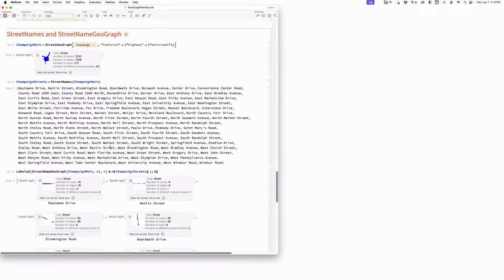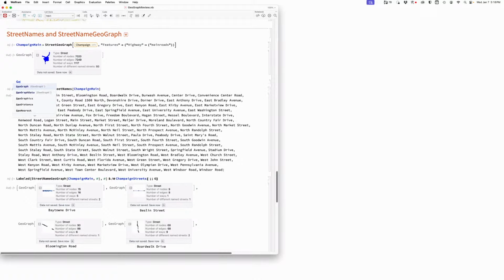But aren't there a million kinds of things you could have here, like parks and other kinds of things? Wouldn't it be better to have something called GeoNames that takes one of these things and you can ask it for whatever you want, roads or streets or whatever? See what I'm saying?